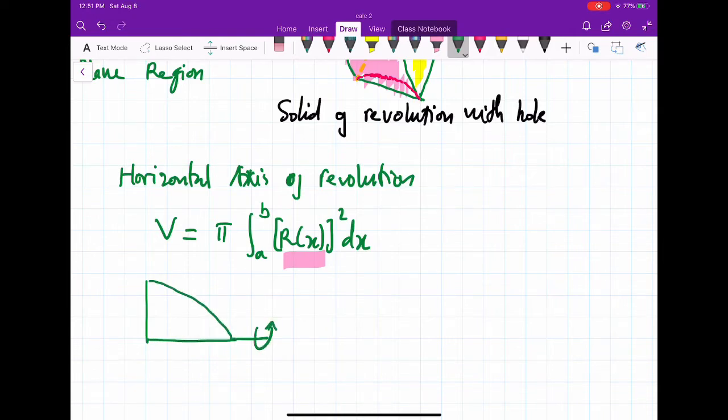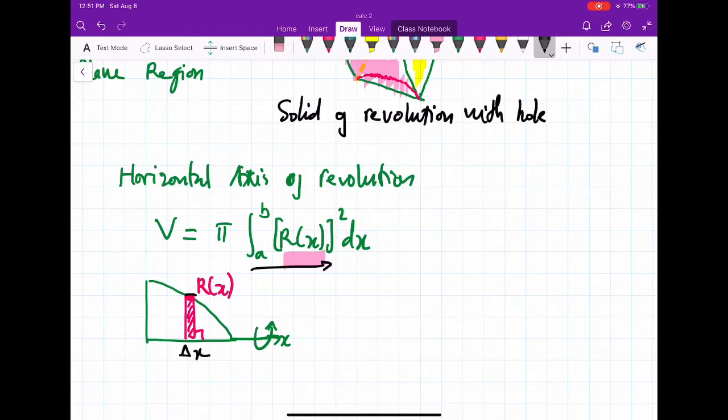This is about the x-axis, and then each time you need to make a cut. That cut should be perpendicular to the axis of revolution. You see, perpendicular, and this is what you have, R(x). So we can find the volume using this formula. This is just delta x.